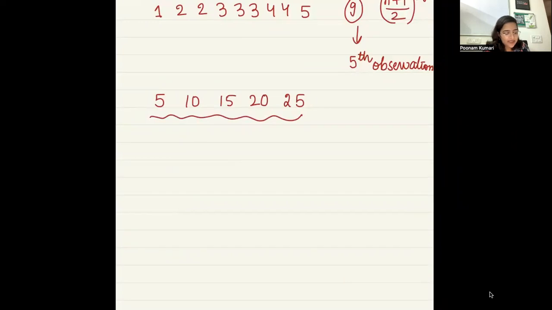So instead of writing 5 and 25, we could have written 15 two times. The sum would still be 30. And the average of 10 and 20 is 15 only, so I could have replaced them with 15 and 15. So if I have 5 numbers which are all 15, my average is 15 only, right? Yes, ma'am.